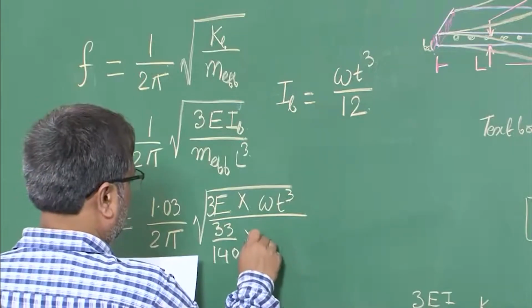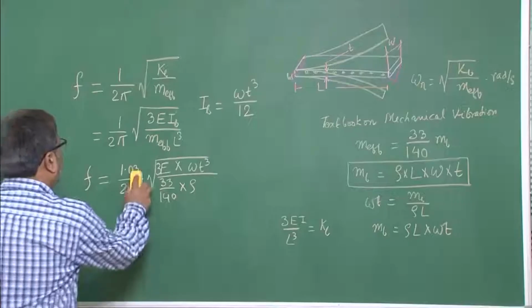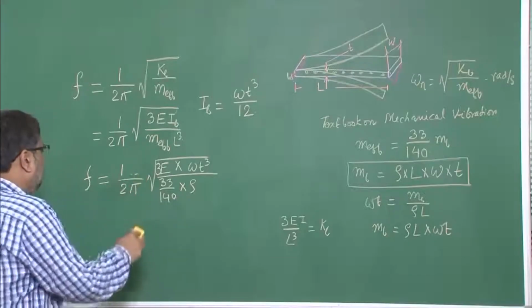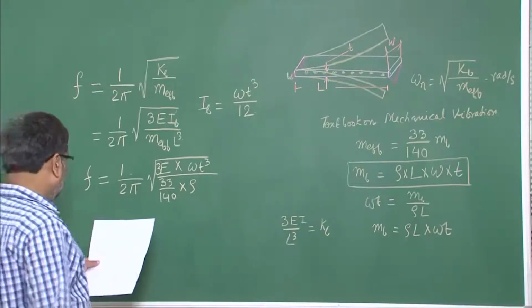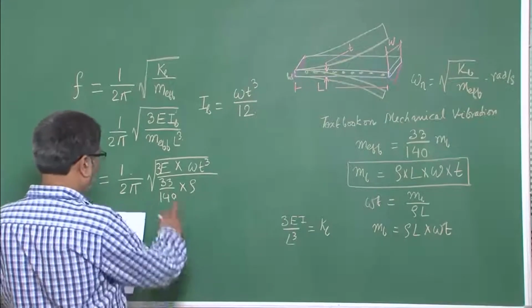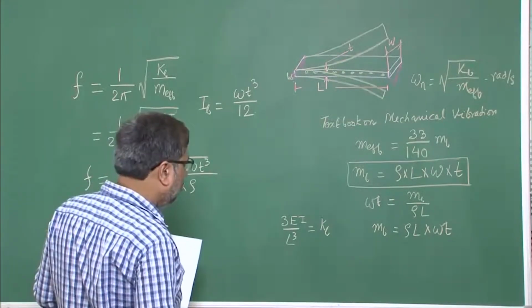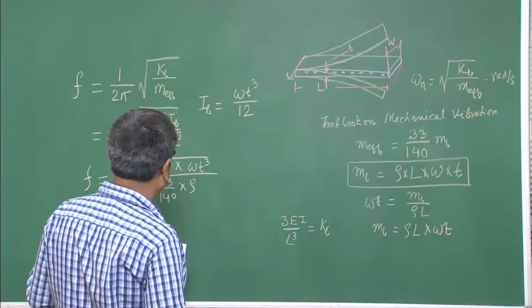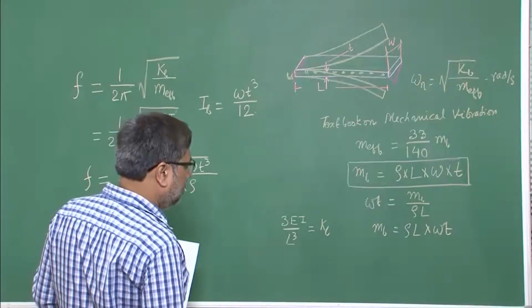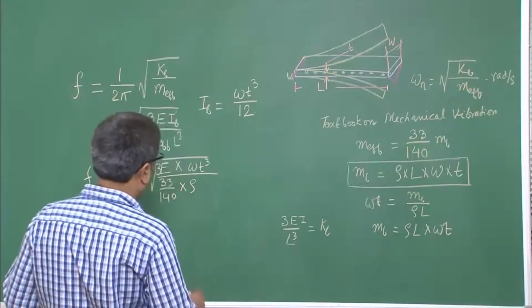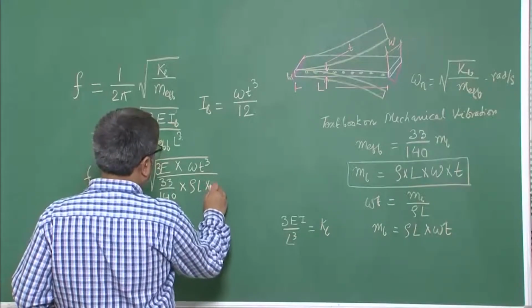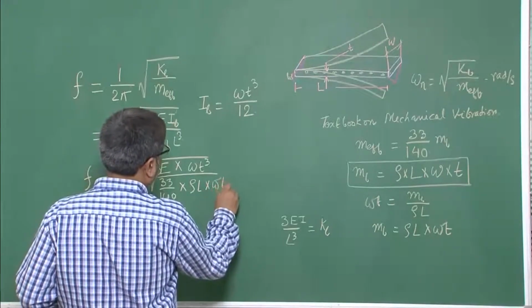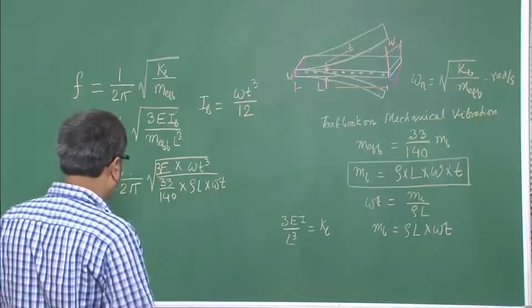So, 33 over 140 times MB as rho, let us just keep it as 1 for the time being. However, we need to look into this MB itself, which is giving us rho L times WT, that is what we are getting.